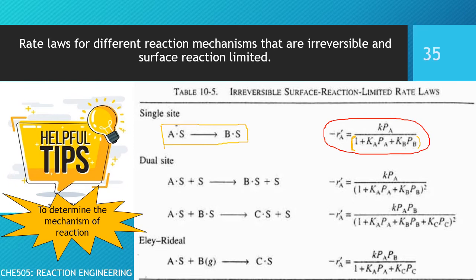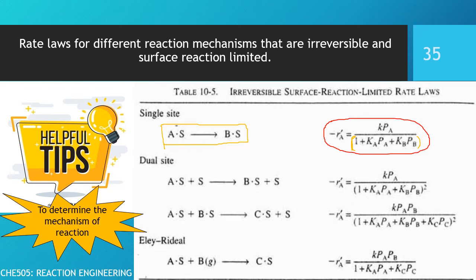So you only have one adsorption step and one desorption step. And the numerator determines how many reactants are involved in the reaction. So only one reactant, which is A. From here, you can propose the mechanism of the reaction.